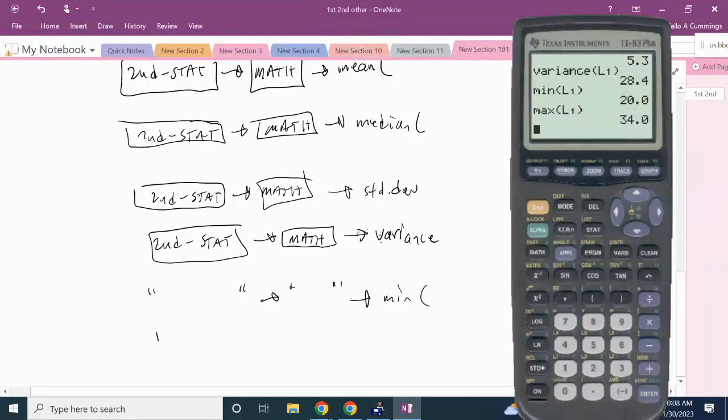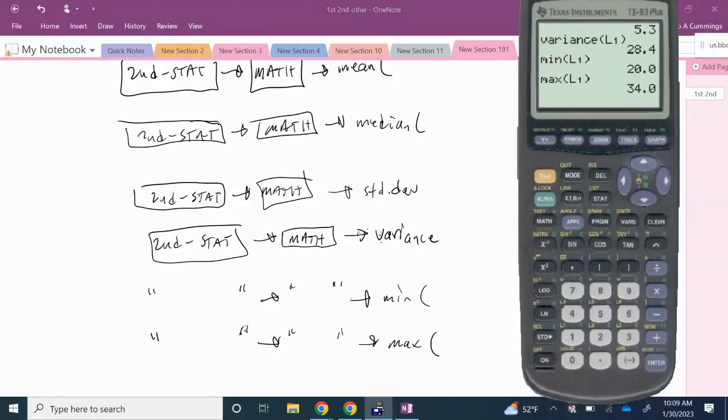Okay, so in order to find the range, I can subtract the smallest from the largest. So 34 minus 20 is going to be 14.